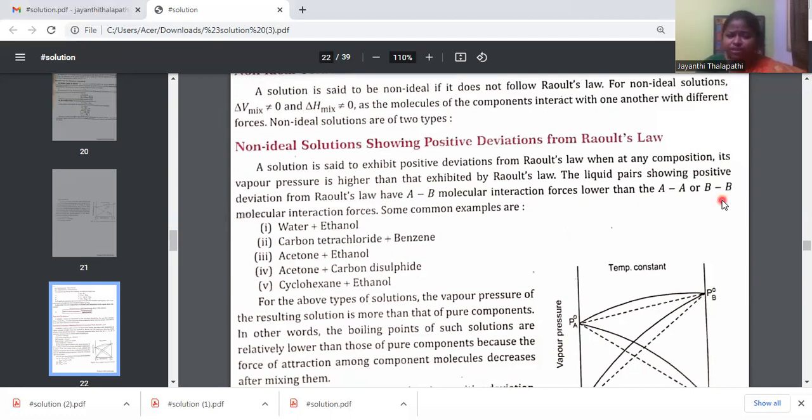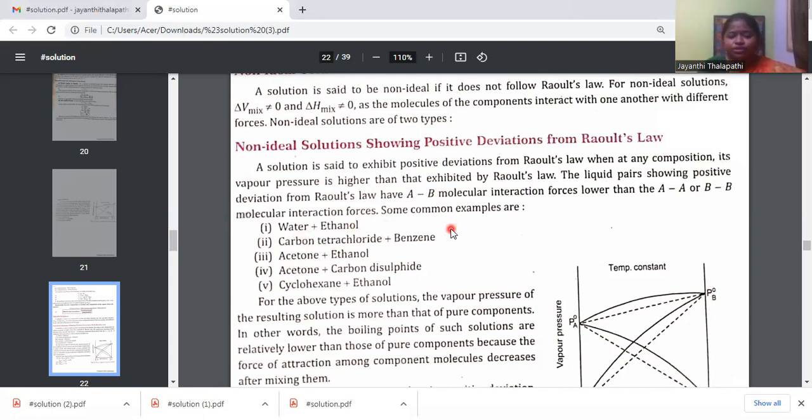Suppose you take water plus ethanol: between ethanol molecules, the intermolecular forces are higher than between water and ethanol. And between water molecules, the intermolecular forces are higher than between water and ethanol. That's what they are saying here.